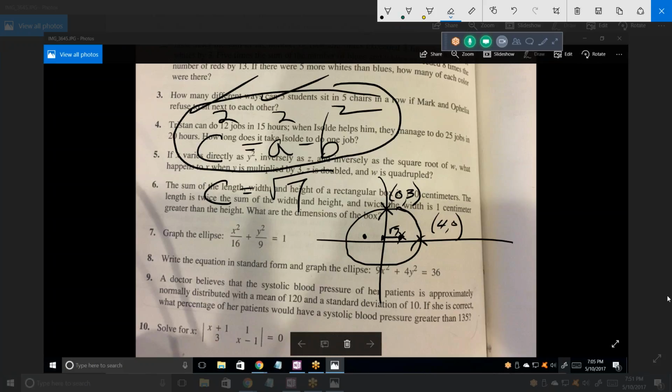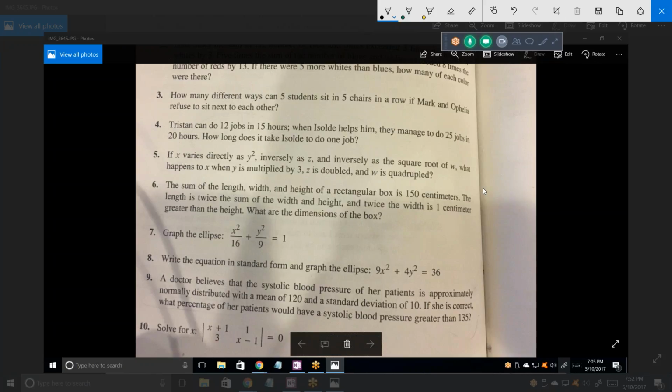You see why for the hyperbola, that's the Pythagorean theorem? Yes, sir. C squared equals a squared plus b squared. That's one easy way to remember it. But just remember, that's only true for the hyperbola. For the ellipse, they're subtracted. Okay? All right. What was the next one you wanted to do?